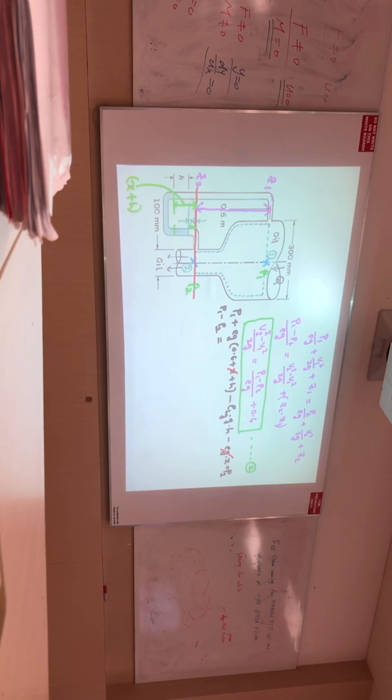Then P1 minus P2 I write rho Hg, positive, G H, correct. Minus rho G, this is minus, 0.6 plus h, right? What is the value of h? 100 mm. I write here h.